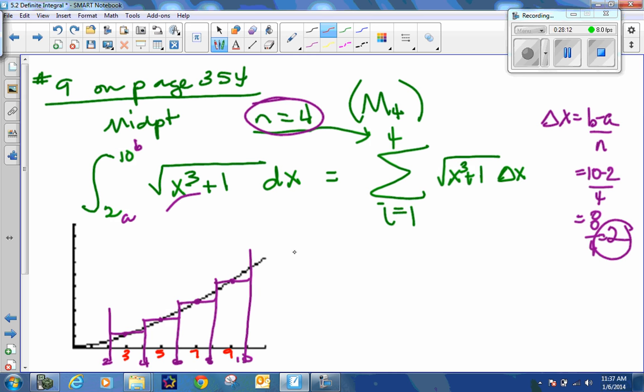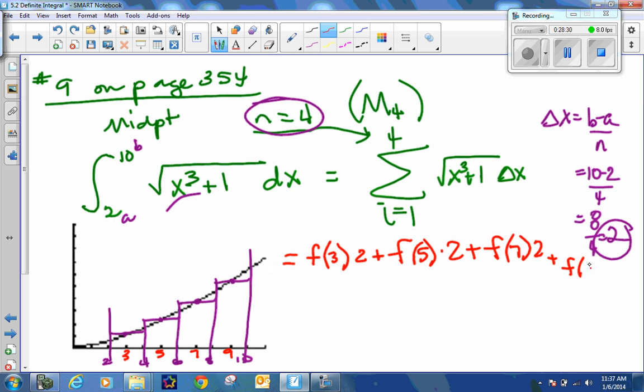So we are going to do f of 3 times the change in x, which is 2, f of 5 times the change in x, f of 7 times the change in x, f of 9 times the change in x, which is 2. Then you just look up all those values or plug them in and get a total.